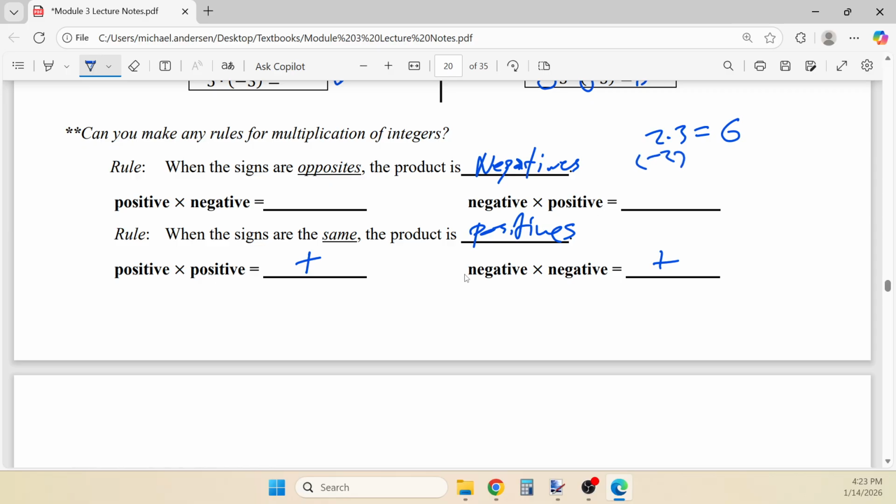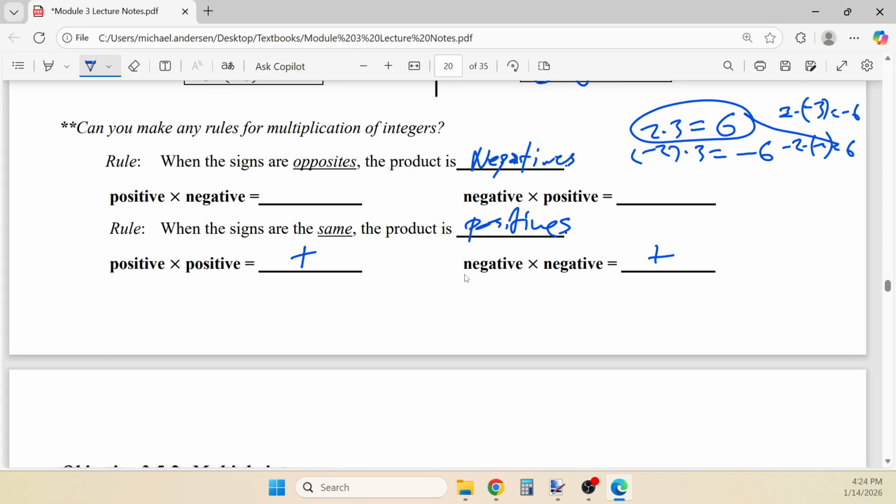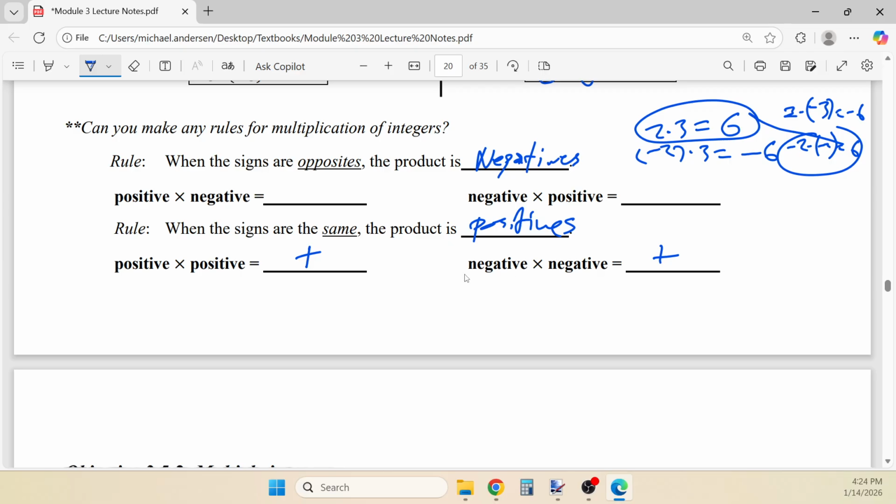Negative 2 times 3 is negative 6. 2 times negative 3 is negative 6. And negative 2 times negative 3 is positive 6. These ones are positive, where they have the same sign. These ones are negative, where they have opposite signs.